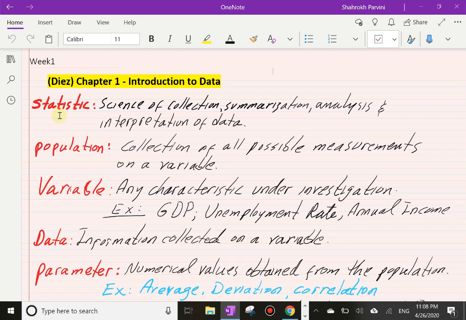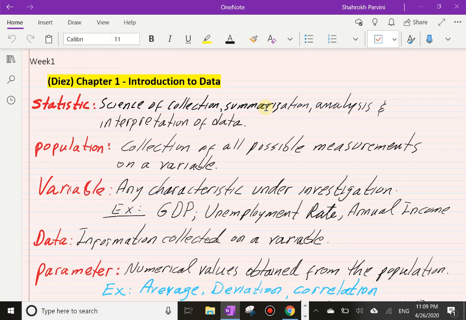I'm going to call it the science of collection, summarization, analysis, and interpretation of data. So by collection, that means that's where you collect your information. That's when you go get a sample. And then summarization means once you get information that you need, you're going to come back and somehow summarize this data in the form of maybe some kind of a table, some kind of a chart, what have you.